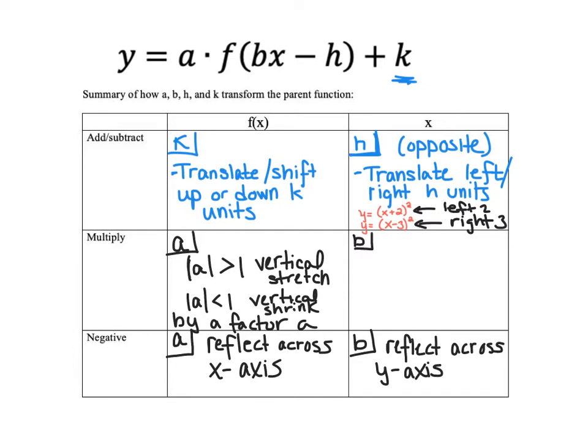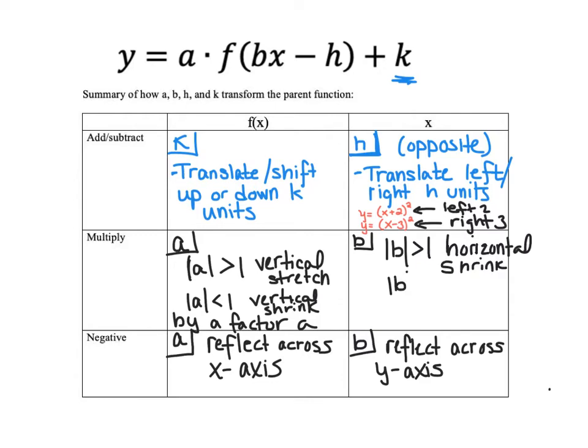Now, it's the b value that we're going to talk about for a horizontal stretch. Like imagine taking a piece of paper that has your graph on it and you stretch it out horizontally. This, just like the h value, kind of works counterintuitively. So if you have the absolute value of b greater than 1, this is horizontal, you probably want to say that it's a stretch, but it's actually a shrink or a compression.